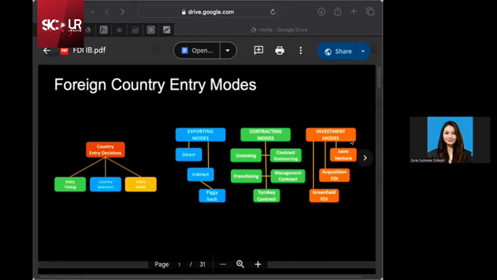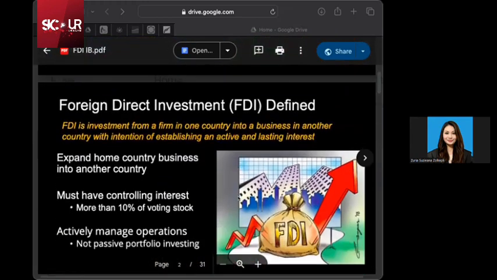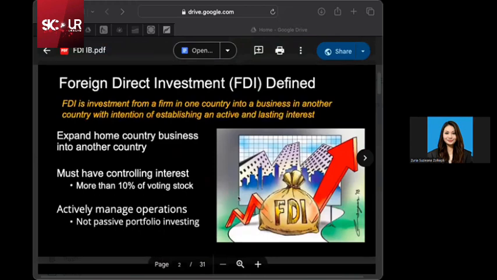Okay, so formally, FDI is an investment from a firm in one country into a business in another country with the intention of establishing an active and lasting interest.